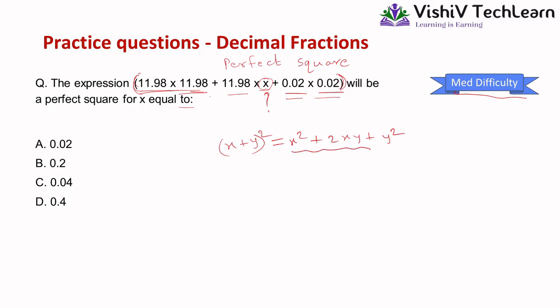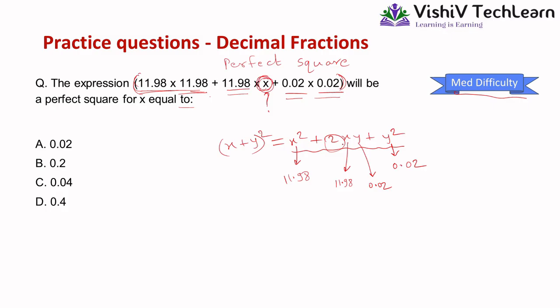So if we represent the expression in terms of this, in place of x it will be 11.98, in place of y it will be 0.02, and this 11.98 is already there, y has to be 0.02, and this 2 has to be there.